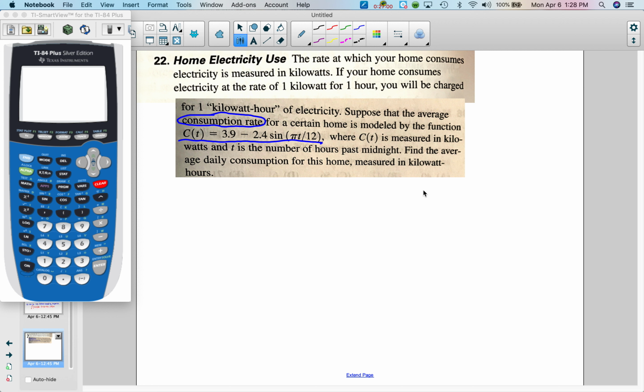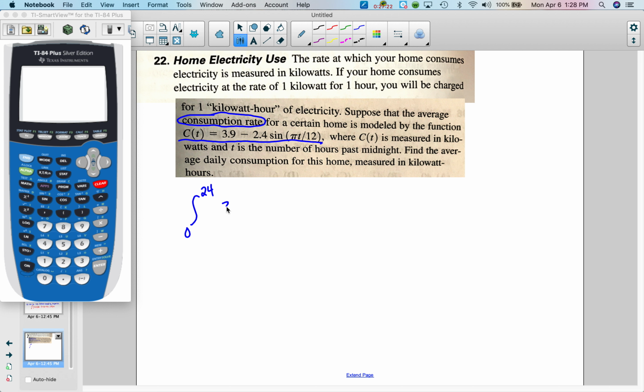So we want to integrate this so that we can find the average daily consumption. So we're going to integrate from, so we are doing a 24-hour period, right, for 1 day. So 0 to 24, and it's in hours, so we have to go 0 to 24.